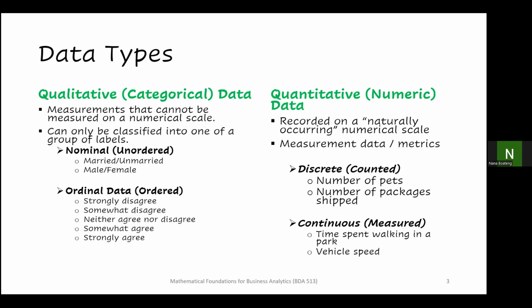You can't say that unmarried is greater than married or married is greater than divorced. But when you come to ordinal, something like strongly disagree is higher than somewhat disagree, isn't it? Or strongly agree is higher than somewhat agree. So where you have levels in it, then it becomes ordinal. It is ordered.